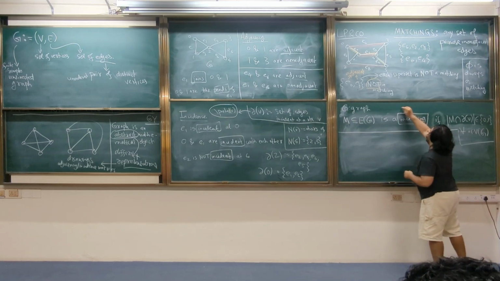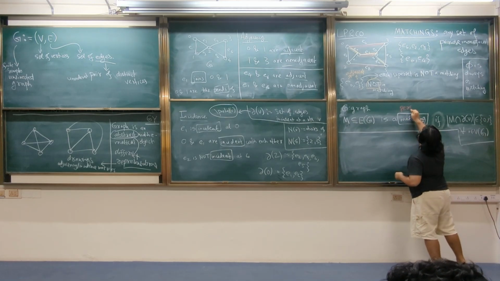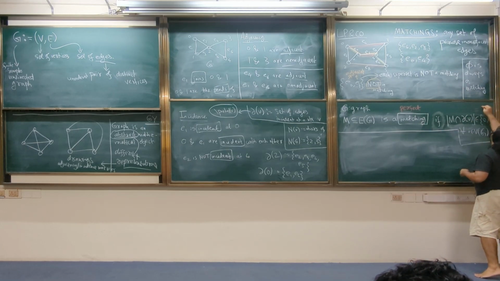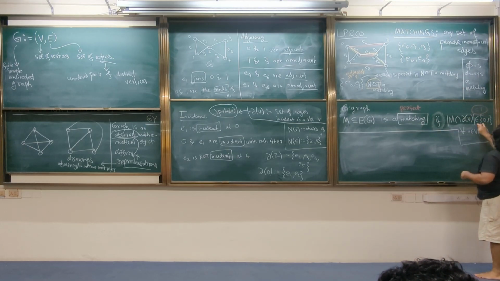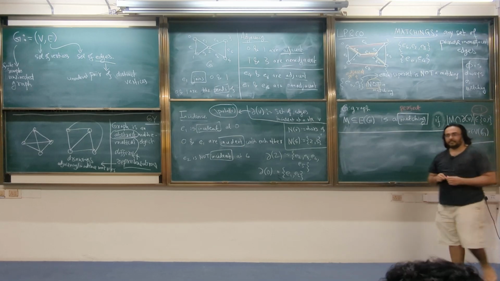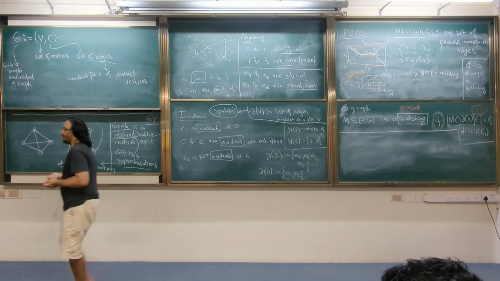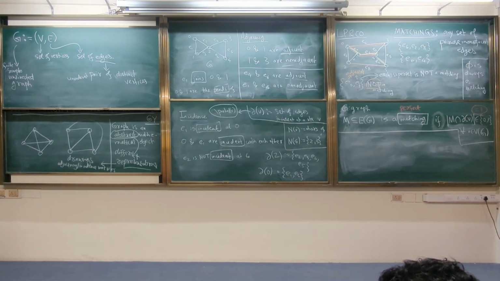So if I want to make it definition of perfect matching, then I will simply put equal to 1 instead of whatever this is. Yeah? So if every vertex has been matched to another vertex, such a matching is called a perfect matching. Yeah?